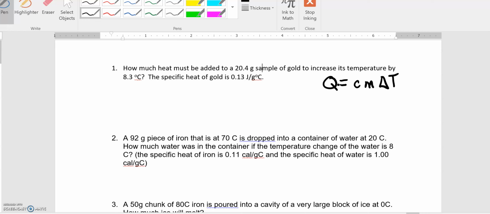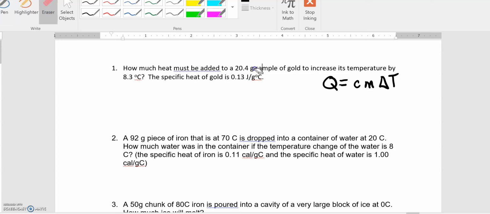Now, one thing that you do have to be careful about when you're doing these problems is you have to pay attention to the labels, and you have to make sure that the labels match so they will cancel out appropriately. Notice in this one, our sample is given to us in grams, and our specific heat is also given in grams.